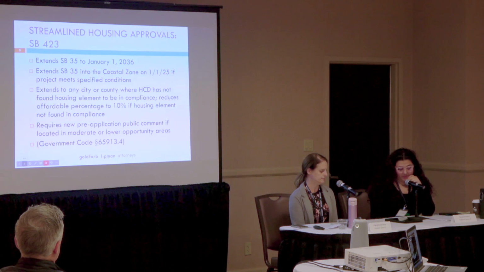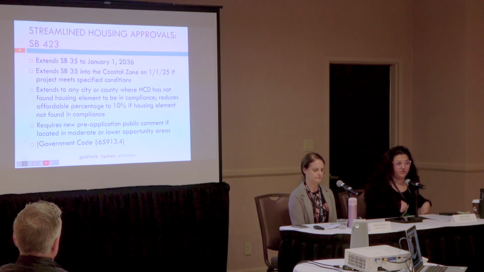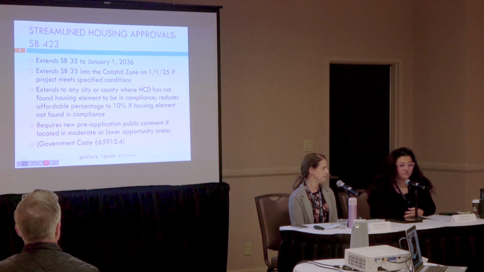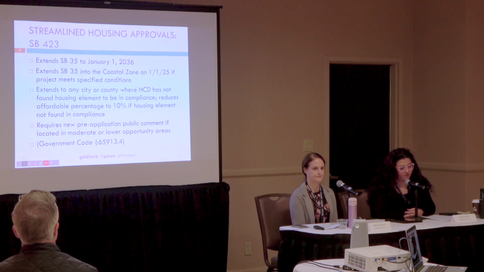Perhaps most significantly, SB 423 extends SB 35 to any city or county that has not adopted a housing element that HCD has found to be in substantial compliance with housing element law.